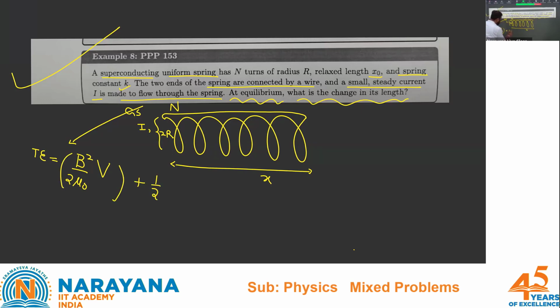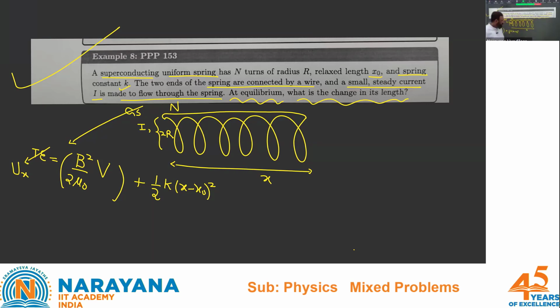So with, considering small changes, it looks like half k (x minus x naught) the whole square. So k I have not changed because of change in length. Changes are small. You understand what I'm trying to do? I'm trying to write this total energy, which is actually a potential form, as a function of x. And then I want to find out the equilibrium position with the help of potential energy.